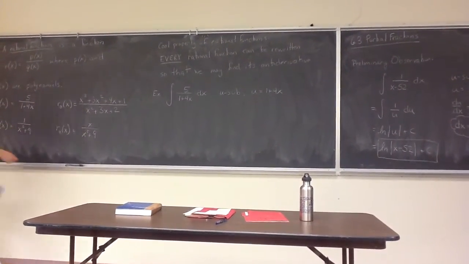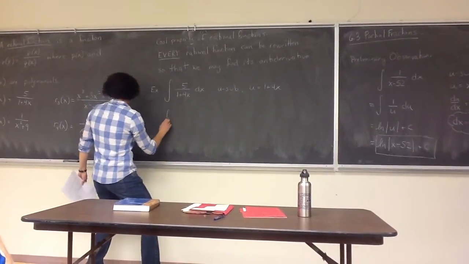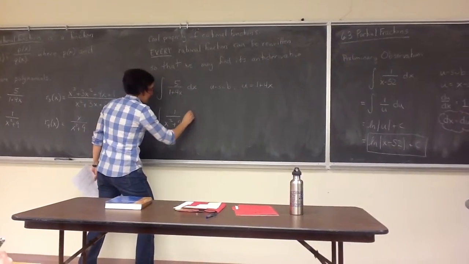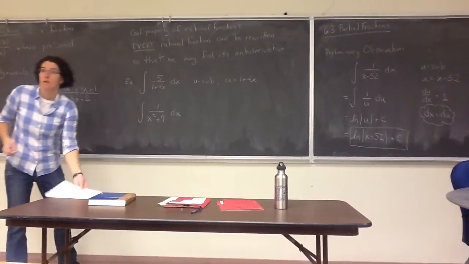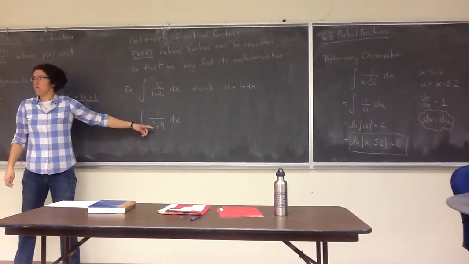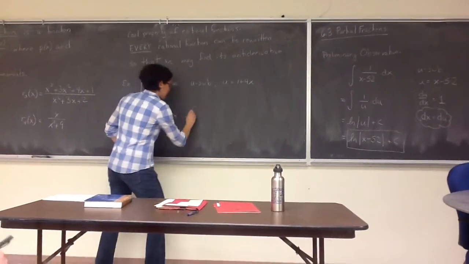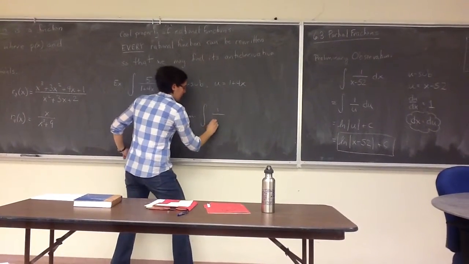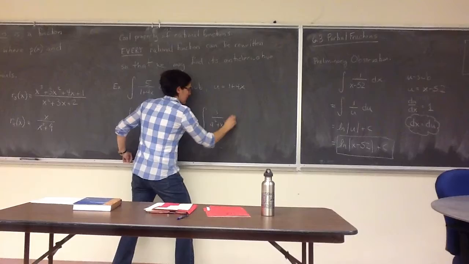On our second one, the integral of 1 over x squared plus 9 dx, this looks like the form of our arctangent. So this is of our form, the integral of 1 over a squared plus x squared dx.